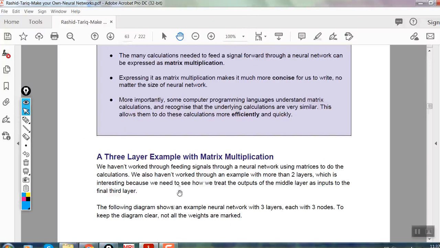I ask you to study these pages yourself. It is simple, but with high concept. Maybe you can see the activation function in other books, in other references, but Rashid's book explains this concept so simply, and it is so good for understanding.